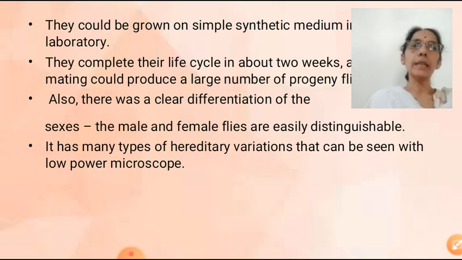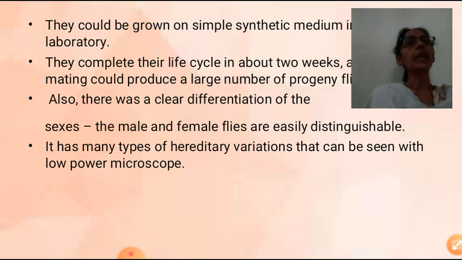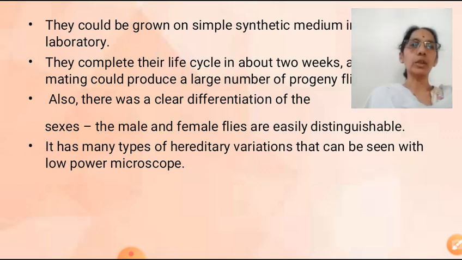It states that when two pairs of characters are combined in a hybrid, one pair of characters segregates independently of the other. That is the reason why in a dihybrid cross, along with the parental combinations, we get new combinations or recombinants also.